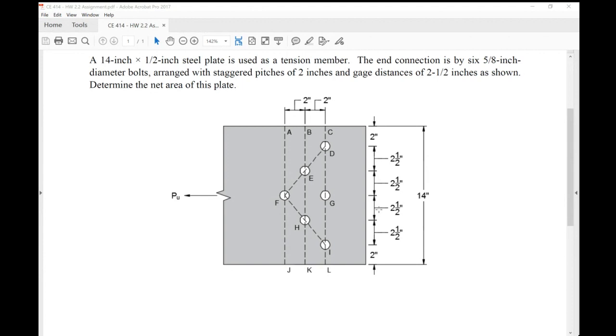Now, as was said, it seems like something you can eyeball for connections with symmetry and connections that are fairly simple geometrically. Admittedly, this is true, but sometimes it is not so simple.